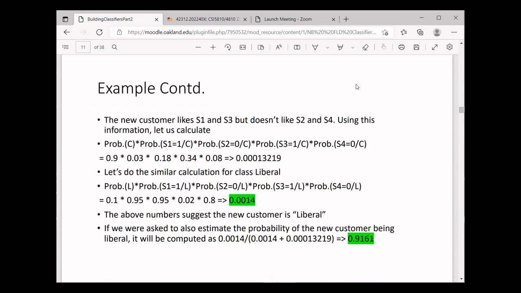So the new customer likes S1 and S3, but does not like S2 and S4. With that information, we can calculate the posteriori probabilities for both cases, whether the customer is going to be a liberal customer or a conservative customer. We plug in all these numbers and we find that the probability that this customer is a liberal turns out to be 0.0014.